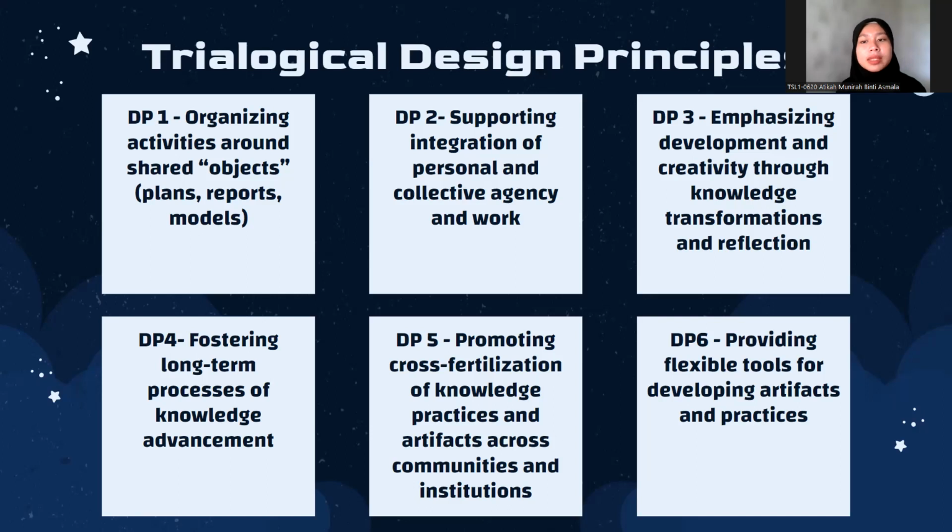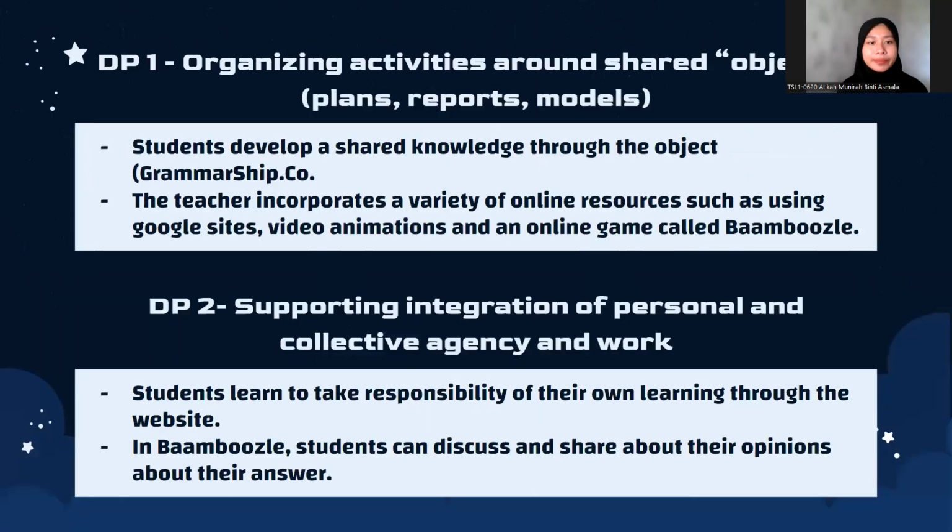The third principle is emphasizing development and creativity through knowledge transformations and reflection. The fourth principle is fostering long-term processes of knowledge advancement. The fifth one is promoting cross-fertilization of knowledge practices and artifacts across communities and institutions. And the sixth one is providing flexible tools for developing artifacts and practices.